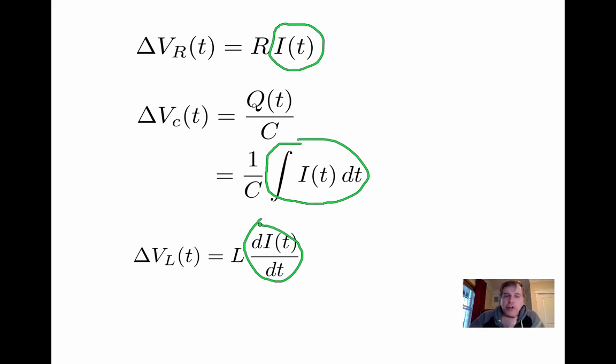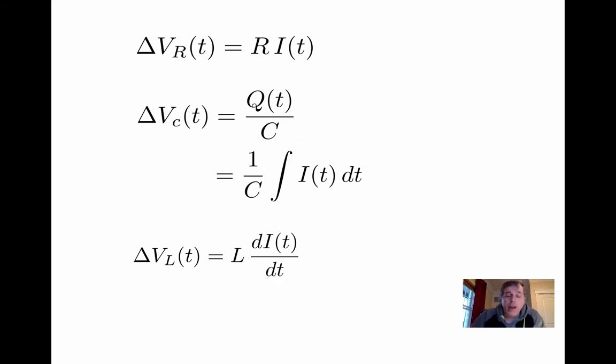They react differently to the current because the resistor cares about the value of the current, the voltage across the capacitor cares about the integral of the current, and the voltage across the inductor depends on the derivative of the current. Okay, so we'll look at this equation in more detail now for the inductor.